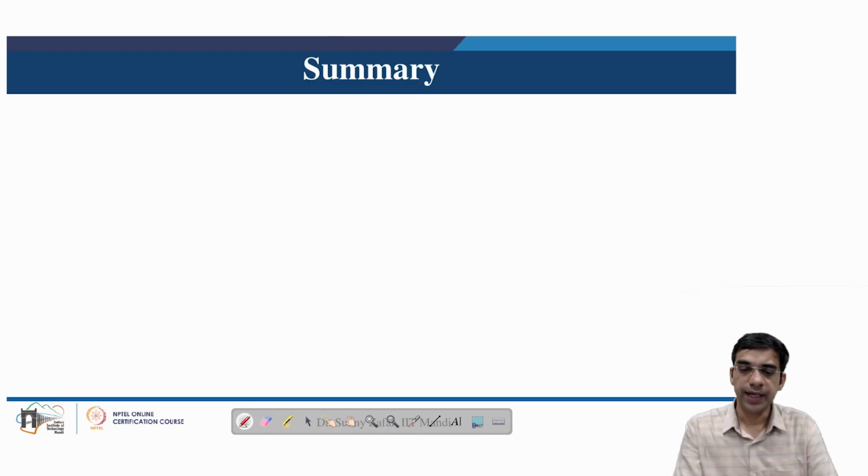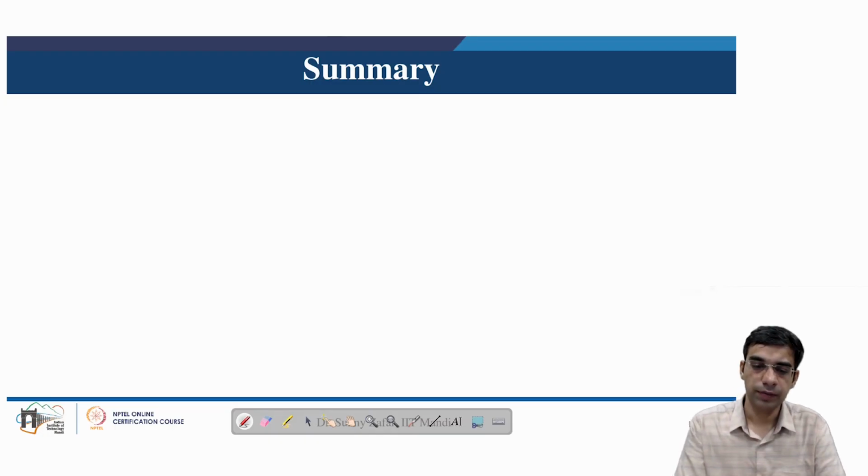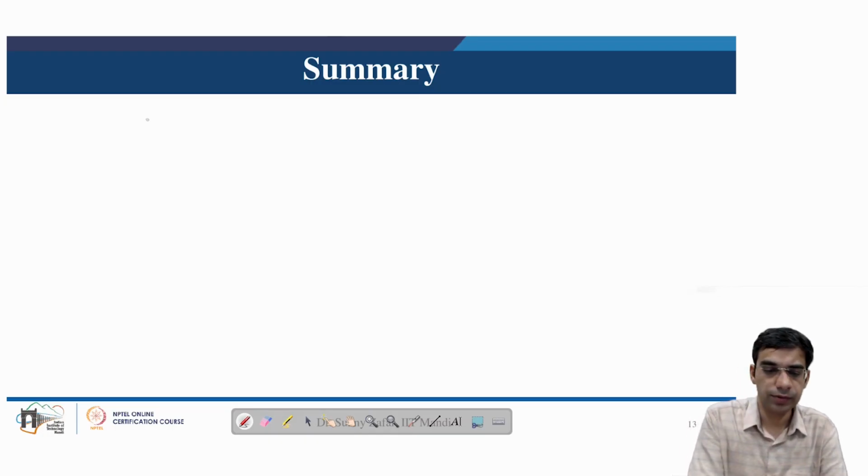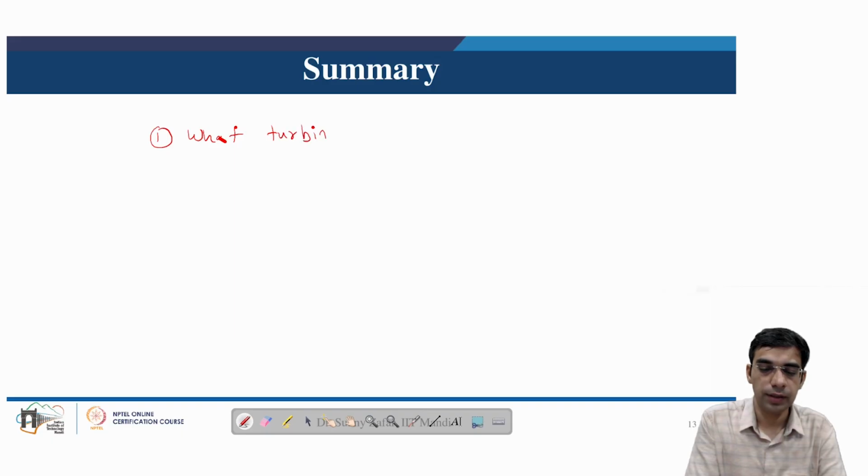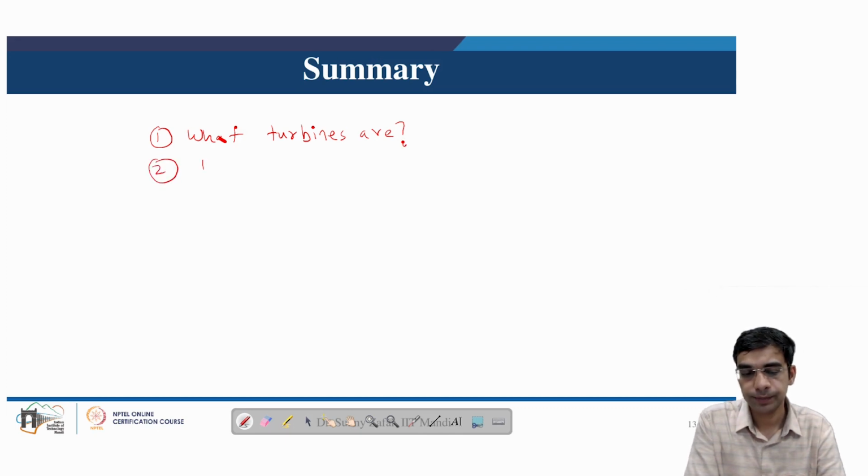If we want to summarize the lecture, what we have learned today: we have firstly looked at what turbines are. Then we have looked at the different types of turbines. In this we have looked at the classification of turbines based on the working fluid.